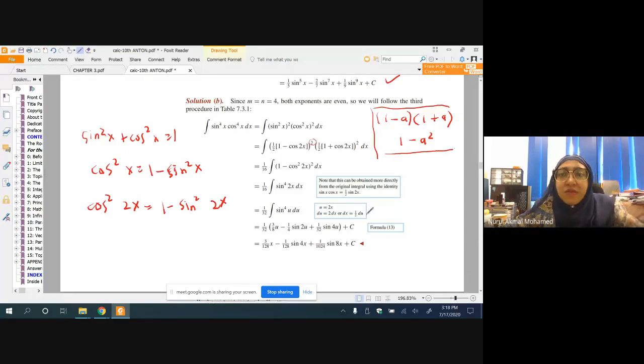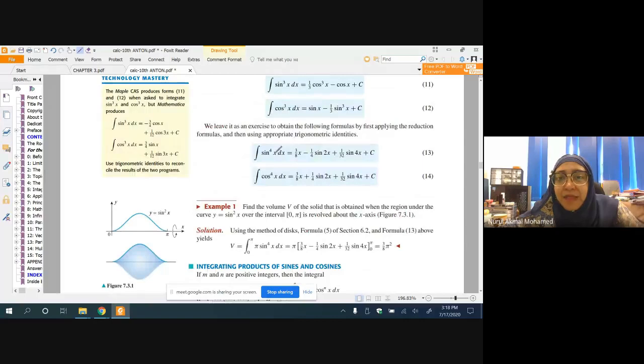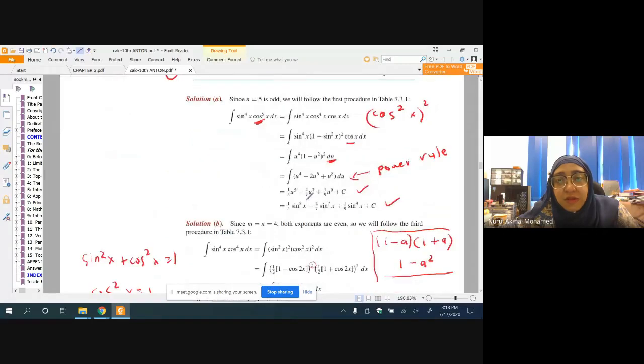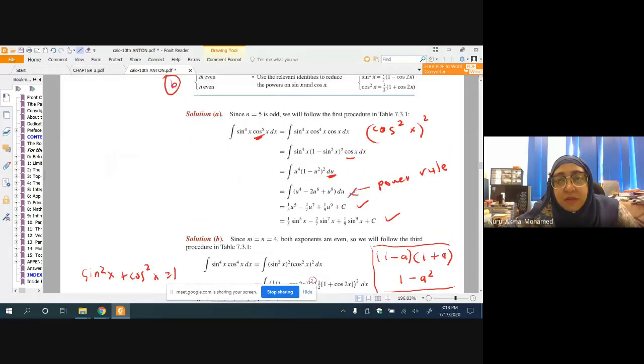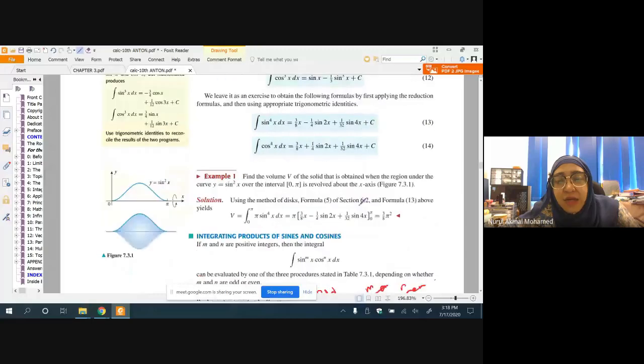Formula 13. Which one is 13? This one. They just use this formula: 13, 1 over 32 sine 4x plus 2.